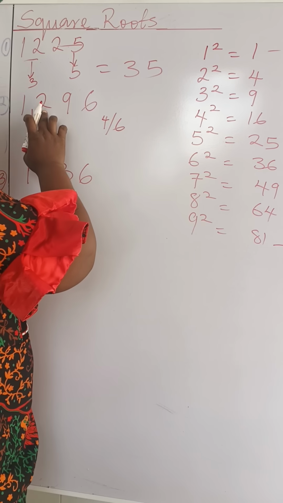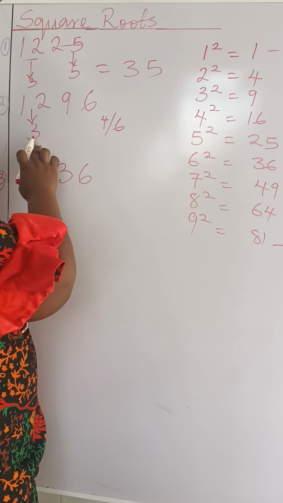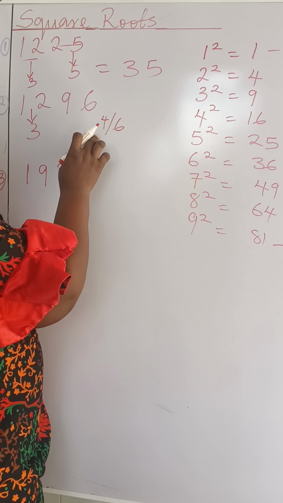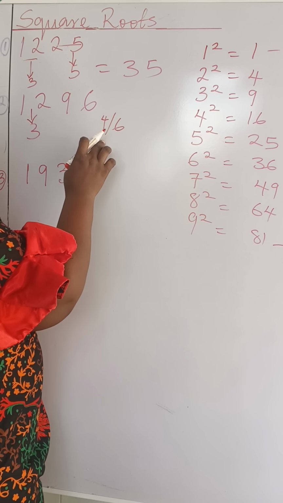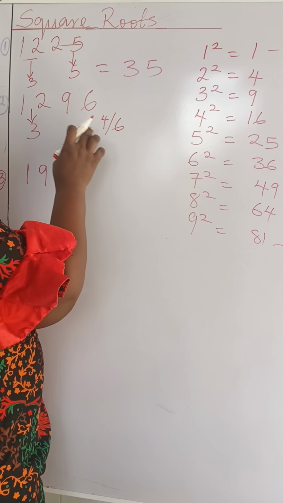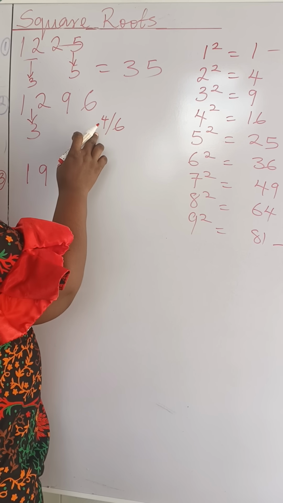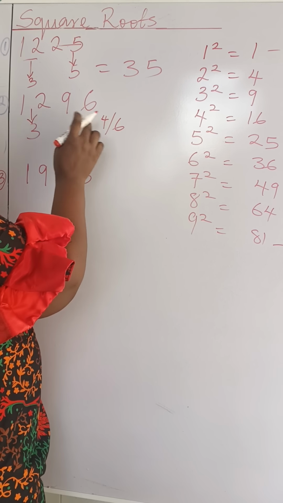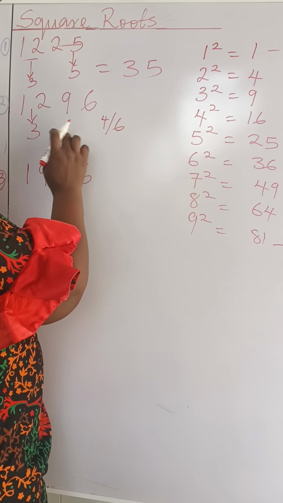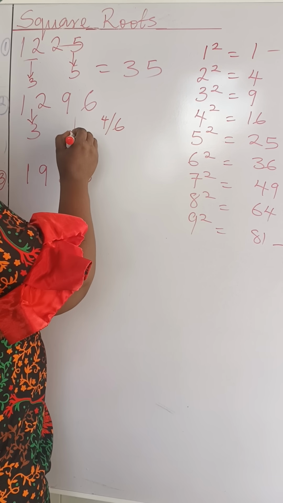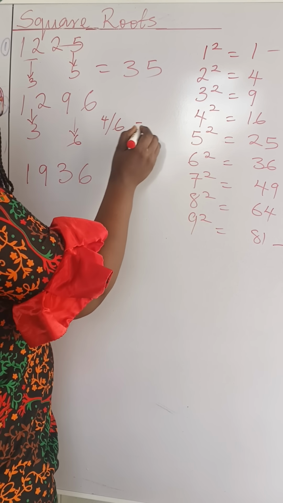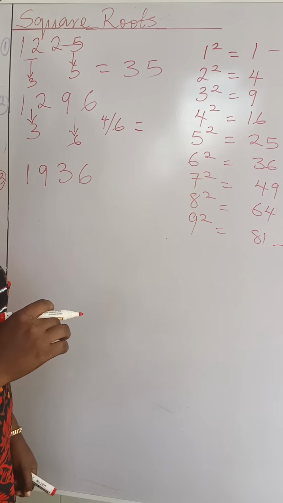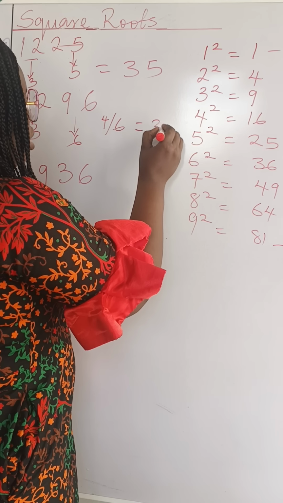Now the number here is 12 and the number we multiplied is also 12. So we select the bigger number here. Assuming it was smaller, we would have gone for 4. But since it is not smaller, we are going for 6 instead of 4. So we'll now have 6 this way. So our answer for 1296, the square root is 36.